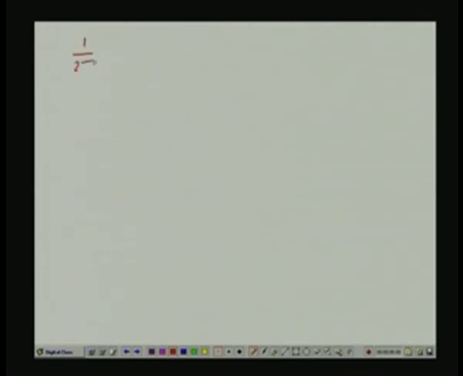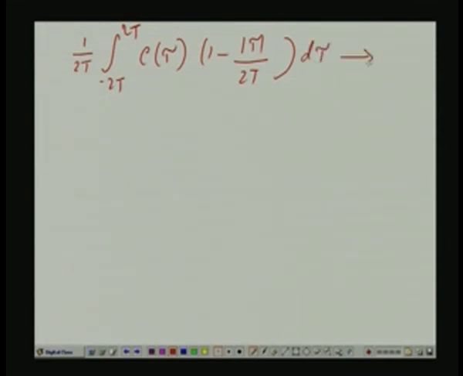Condition was 1 by 2 T, I am rewriting only, nothing else, for my reference, C tau into 1 minus mod tau divided by 2 T d tau. This should tend to 0 as T tends to infinity. This is the condition for mean ergodicity for a WSS process. Now, sufficient condition, that is, if this is satisfied, what is meant by sufficient condition?